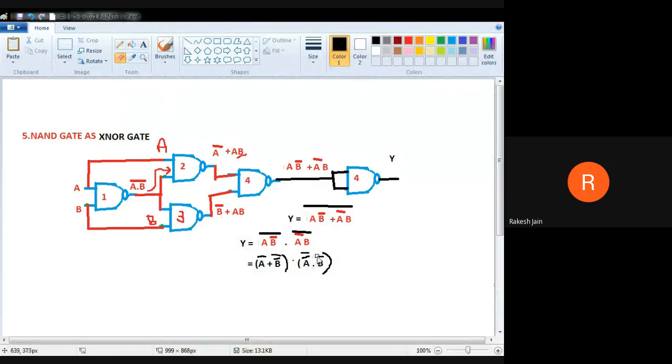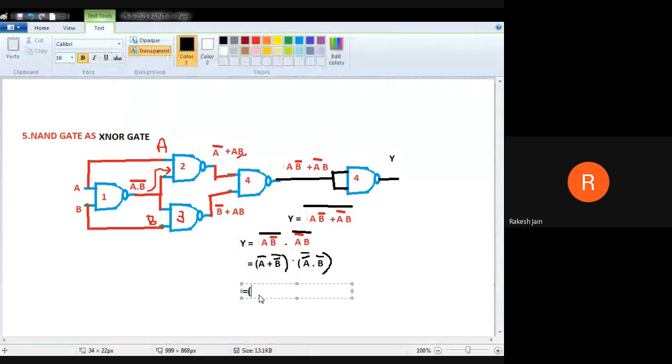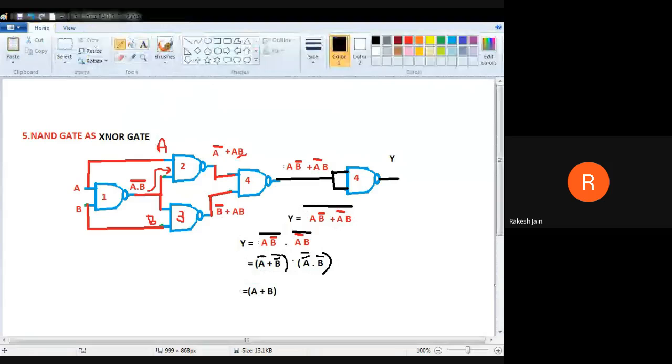Now we see what will happen. See very carefully. So the first is A bar plus, bar to bar is cancelled, so only the B is there.